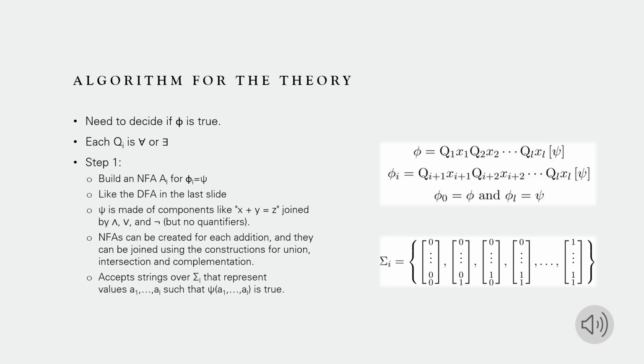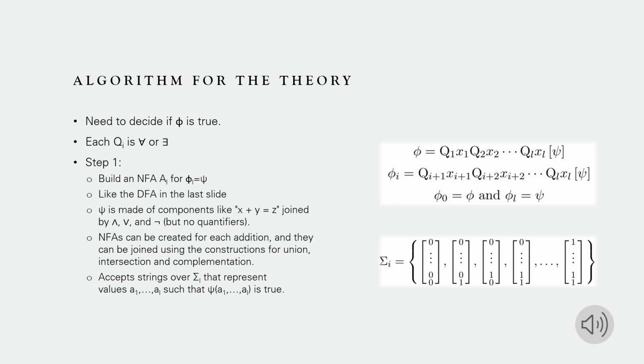We also define for each i phi sub i, which is just the same thing as phi with the first i quantifiers shaved off the front of it. So phi of 0 is phi itself because there's no quantifiers taken off, and phi l is the same thing as psi. It's the formula without any quantifiers attached to it.